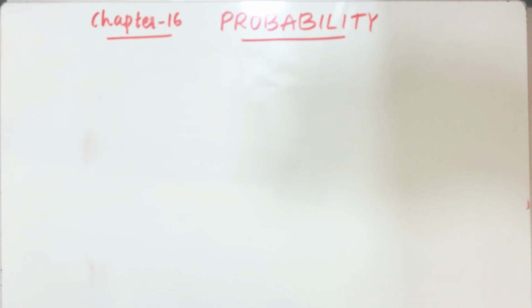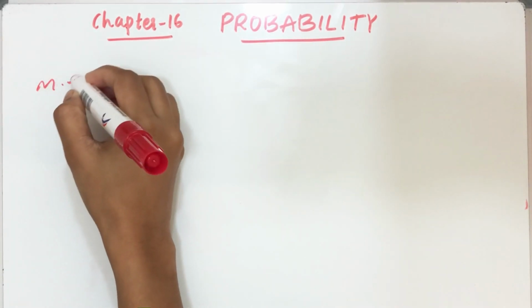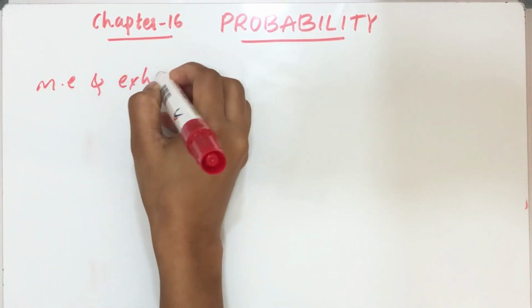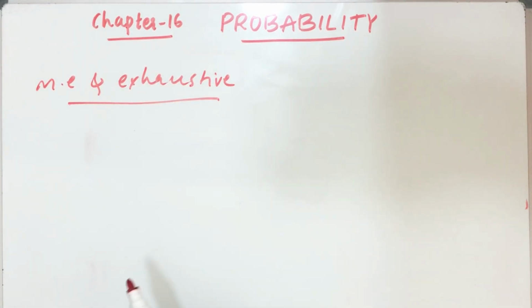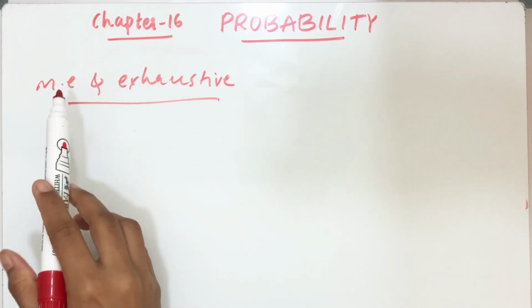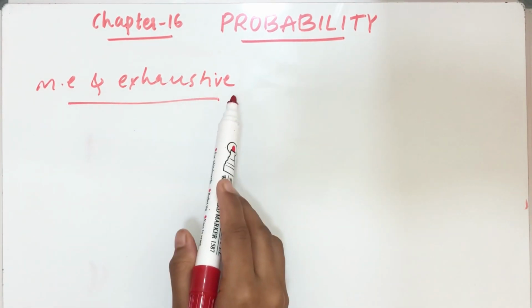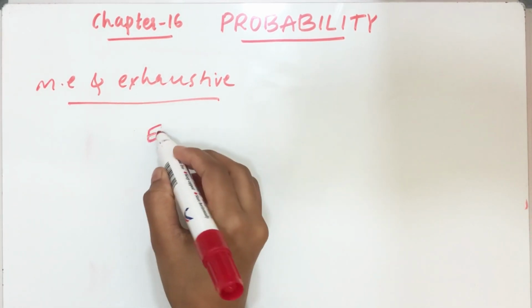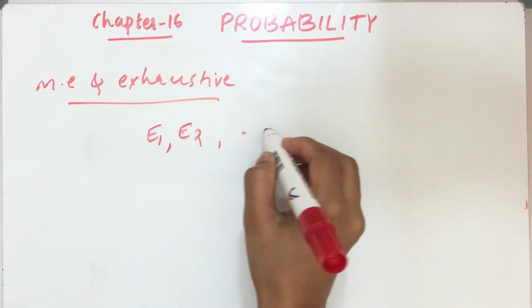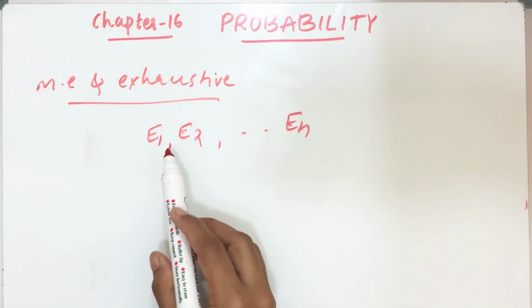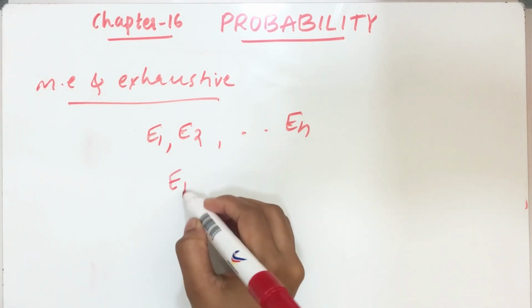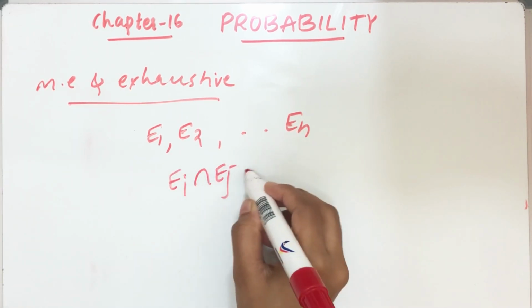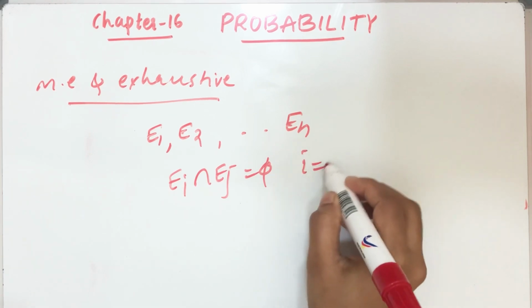One more definition: mutually exclusive and exhaustive events. As the name suggests, it is mutually exclusive and exhaustive. That is, if we have E1, E2, etc., En events, and the events are pairwise disjoint, that is, Ei intersection Ej is equal to empty for i not equal to j.